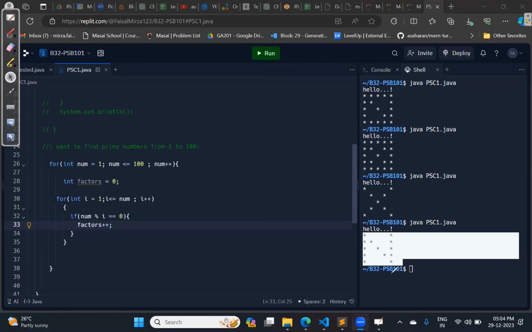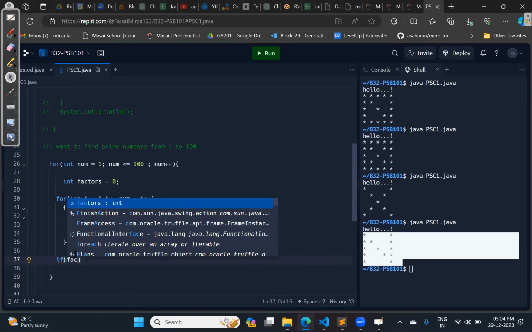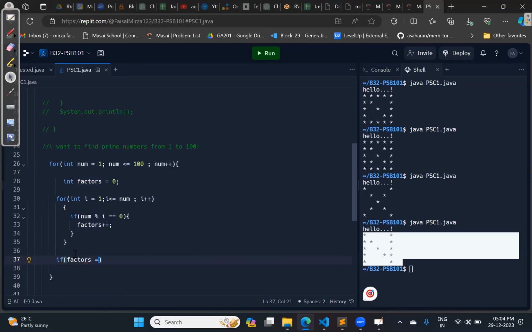After that, we can use an if statement after the for loop. After the inner for loop, we check if factors is equal to 2, then we can say it is a prime number.